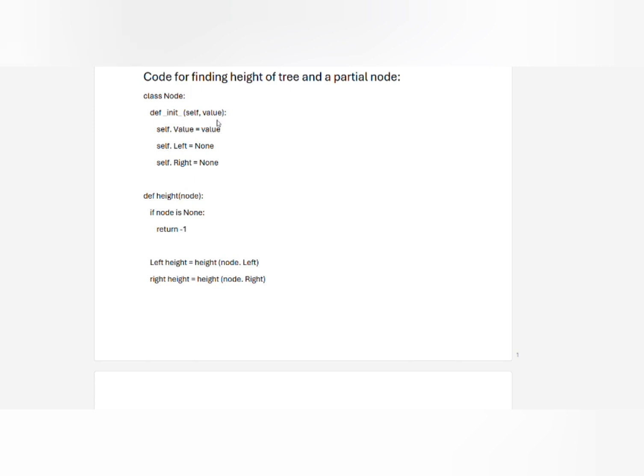Here we initialized self.value as value, self.left as None, and self.right as None. Self.left means the left side of the node. The left side nodes in the tree are initialized with None, and the right side nodes are also initialized with None, which means it doesn't have any left or right.